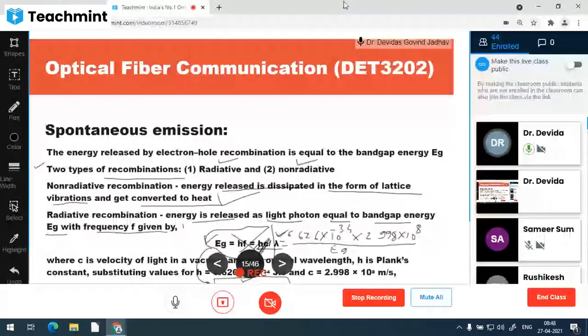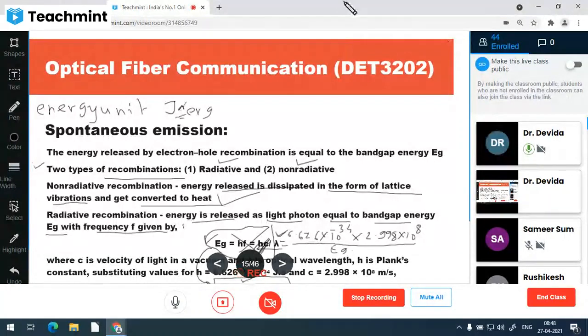Now let us write something on the top side of this slide. Energy unit is joule. But these joule values are very large compared to the energy associated with atoms or charged particles. Charged particles have a very small amount of energy in joule.